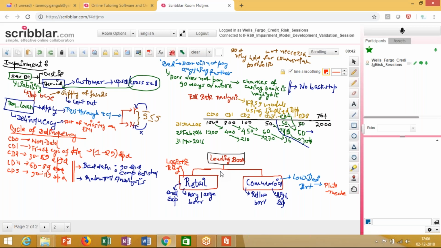The third part of retail is other retail, which comprises secured and unsecured term loans like personal loans, automobile loans, etc.